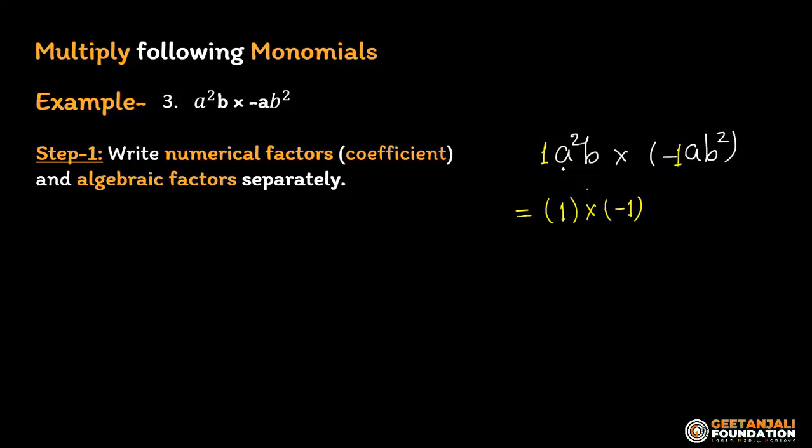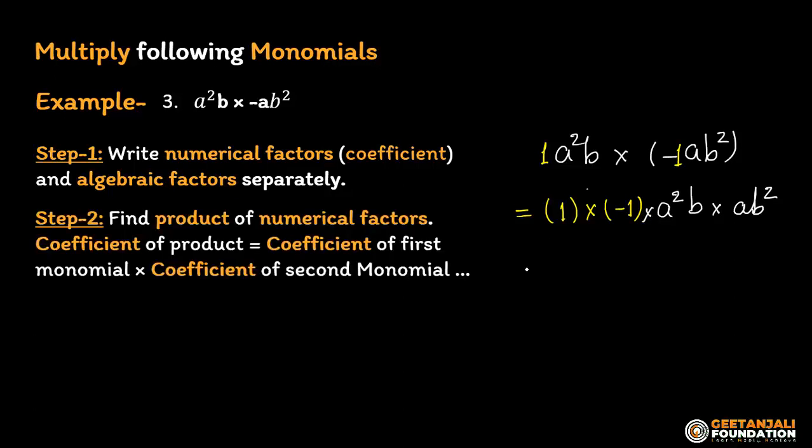So we have written the numerical factors and now we should write its algebraic factors. These are a squared b and ab squared. So we have written all separately. Now the next step is we have to find the coefficient. So the coefficient is 1 times minus 1, so it will become minus 1. And here to simplify this, you can see this a and this a are the same.